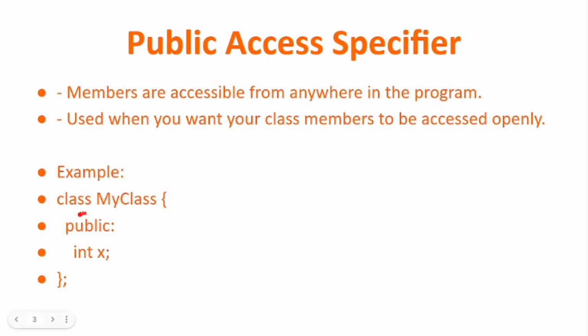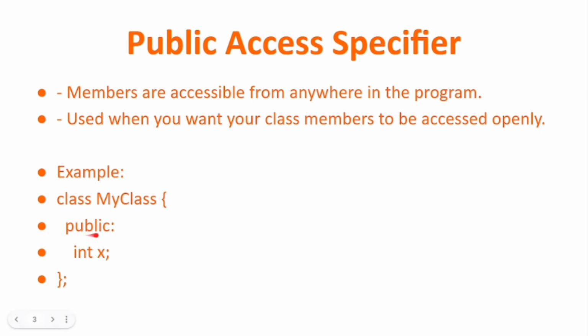You can see there is an example class and there is public, which is known as the access specifier. How can we use an access specifier? First of all, we write the name of the access specifier, that is, what kind of access specifier we are going to use in this class.